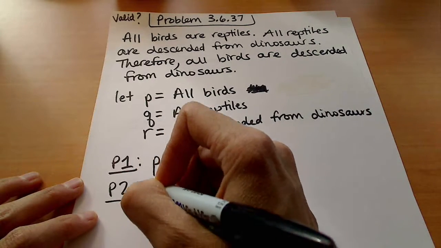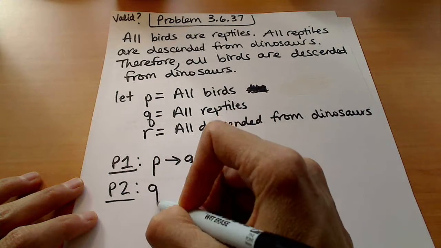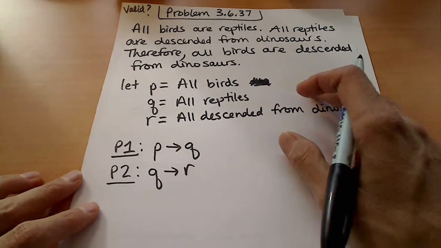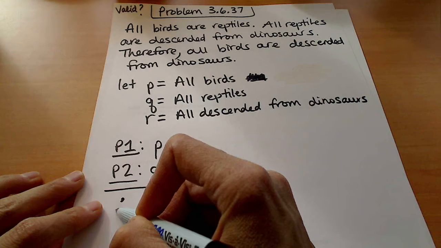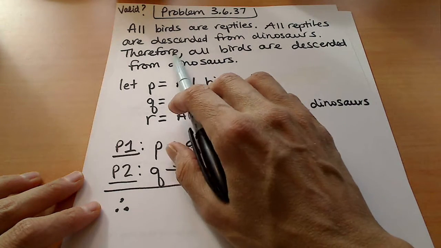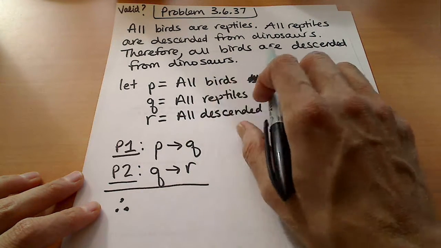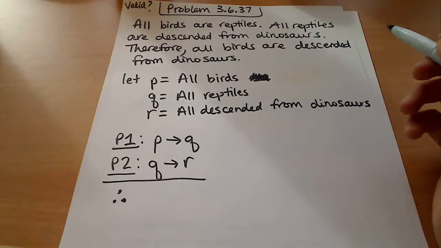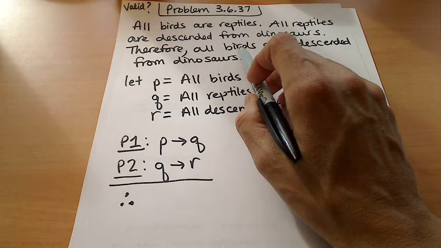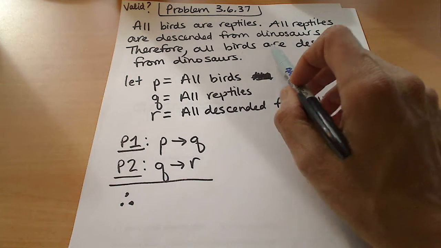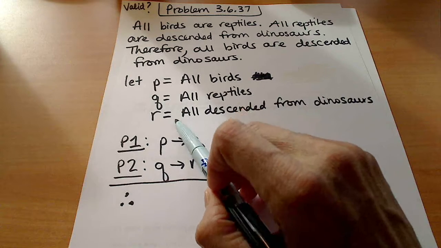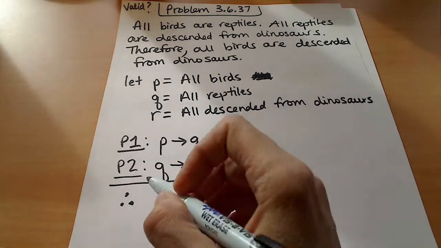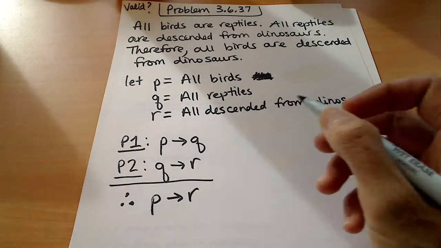So our second premise is Q implies R. And the conclusion is, therefore, all birds are descended from dinosaurs. Saying all birds, we're talking P, and being descended from dinosaurs is R. In conditional form, if it's a bird, then it's descended from a dinosaur. So this would be P implies R.